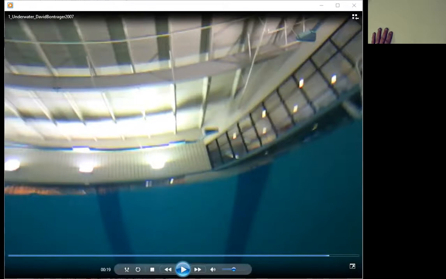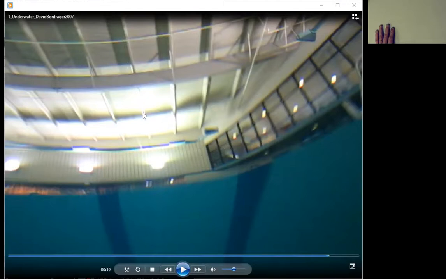So he is looking up with his camera. And as he looks up toward the surface of the water, you're seeing the ceiling of the pool area. This is in the Rec Fitness Center, the great big room. It's not the gym, but the other room that used to be the pool room. And you're seeing the ceiling of that room. These are some of the windows and stuff.